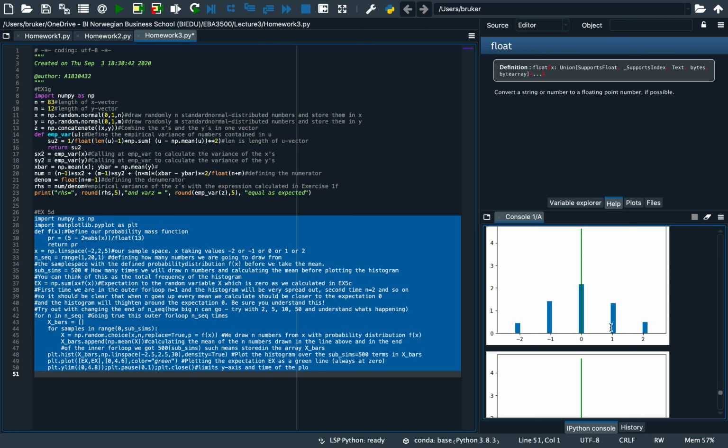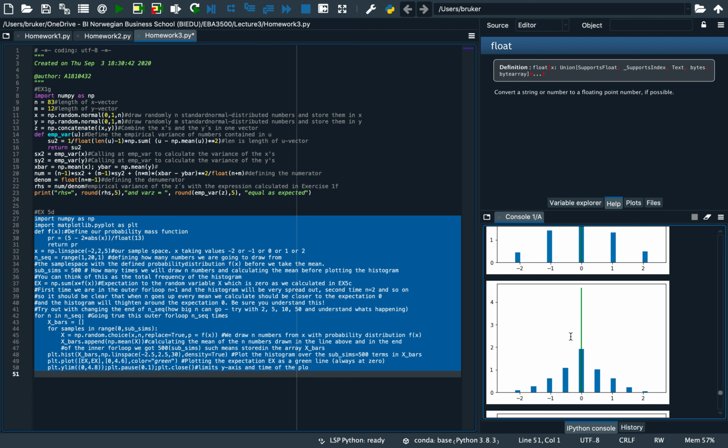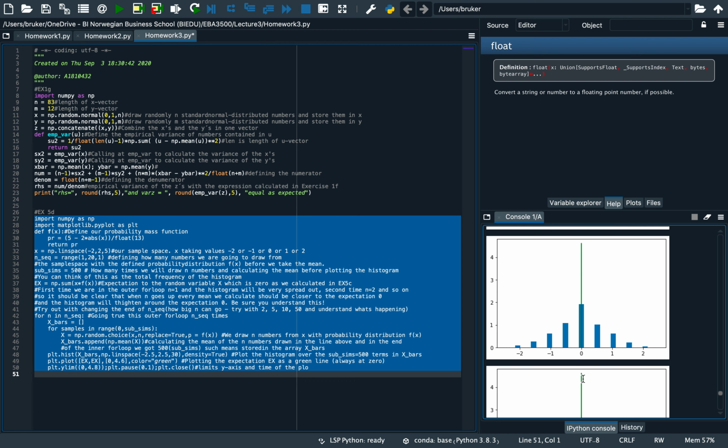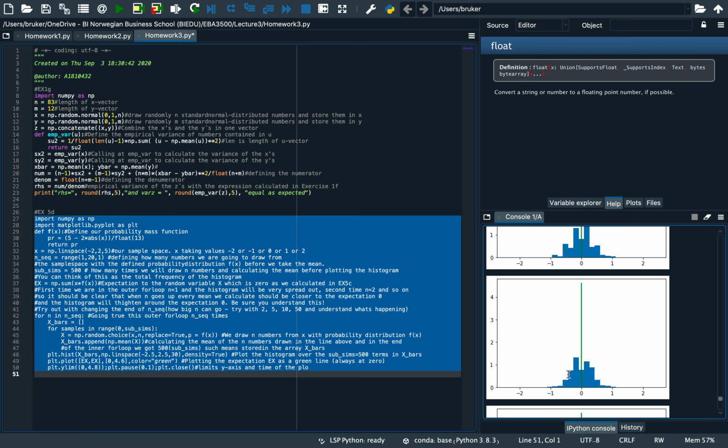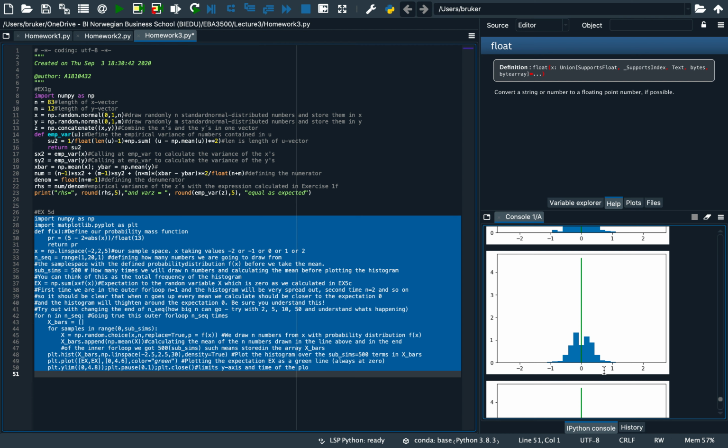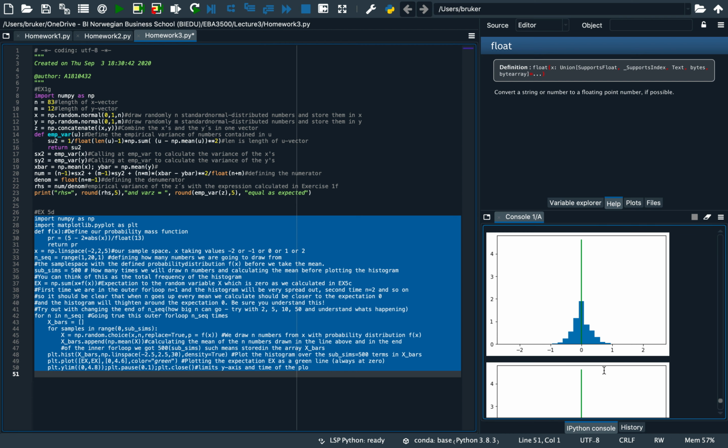First we know n is equal to 1, and we have 500 numbers when n is equal to 1, and it should be spread out like this. Next time n is equal to 2, and we can see 3, 4, 5, 6, 7, 8, 9. Now n is 10. Here we have the mean of 10 numbers 500 times, and the histogram of these 500 means. And we can see it tightens around 0.